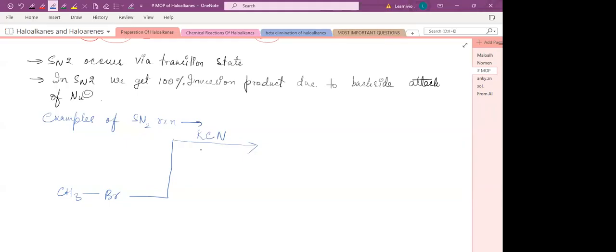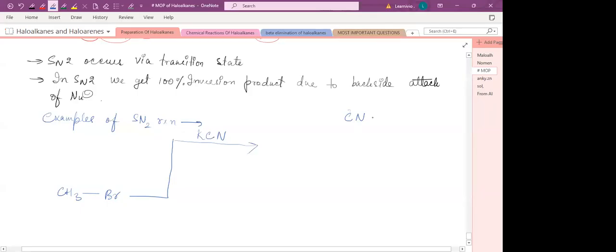Basically, they have more than one donor site, right? For example, this is CN. CN can attack from the carbon side, and it can also attack from the nitrogen side. So this is an ambidentate nucleophile. An ambidentate nucleophile is a nucleophile which has more than one donor site.